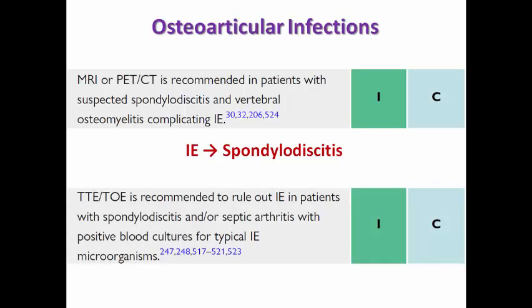Or if the patient is having spondylodiscitis or septic arthritis with positive blood cultures for typical infective endocarditis microorganism, in this case you should arrange for transthoracic or transesophageal echo to rule out infective endocarditis, because it may be the primary infection in the heart and then spreading to the bone, or the primary infection in the bone spreading to the heart.